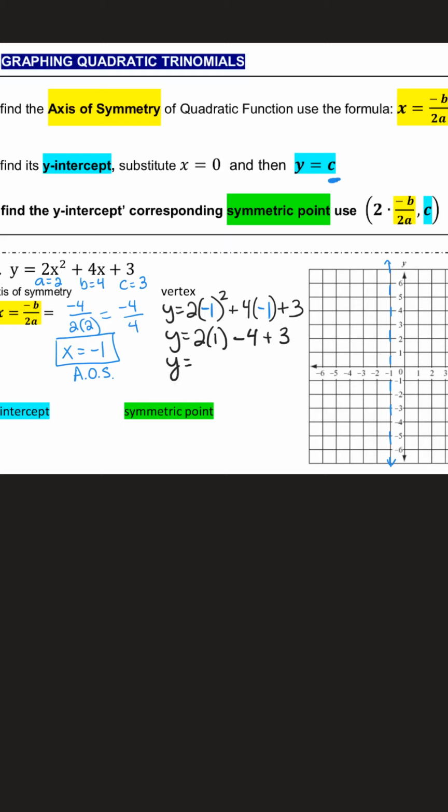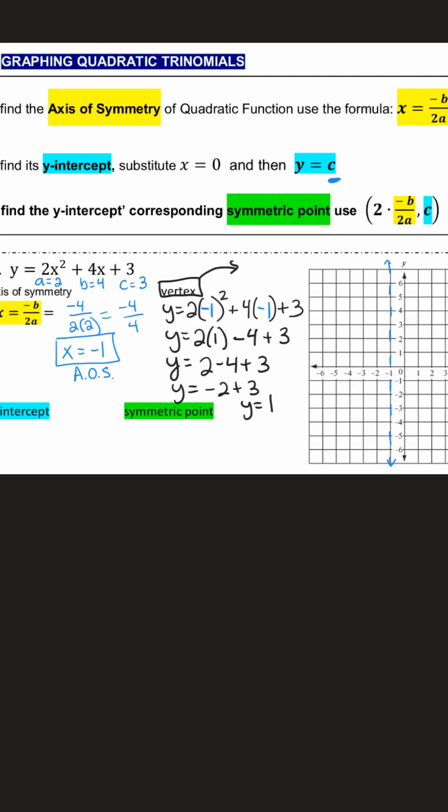Still using order of operations, 2 times 1 is 2, minus 4, plus 3. Going to simplify from left to right. I get y equals negative 2 plus 3, and that's going to give me y equals 1. So with my vertex, I have to combine my axis of symmetry and the point I just solved for my y.